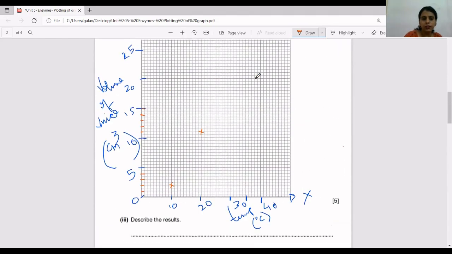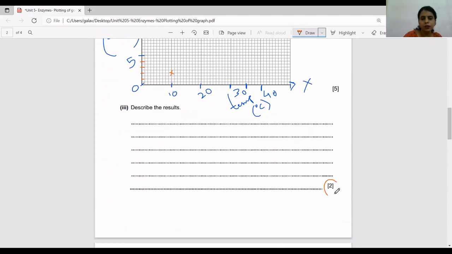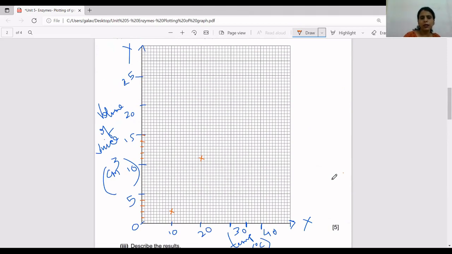Now the next question after the graph was to describe the results. This question is asked for 2 marks, so you have to write down 2 valid points. I've already told you in a previous video the difference between describe and explain. Describing the graph means you have to put the data from the graph and write down the pattern of this particular graph. That means what happens to the enzyme activity, or what happens to the volume of juice produced at such and such temperature.